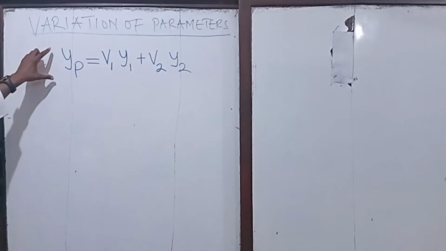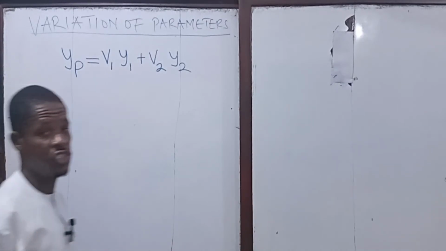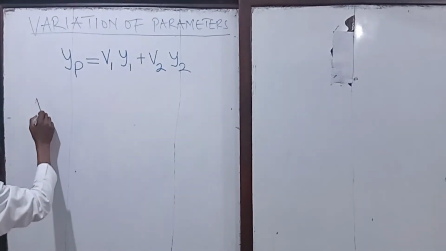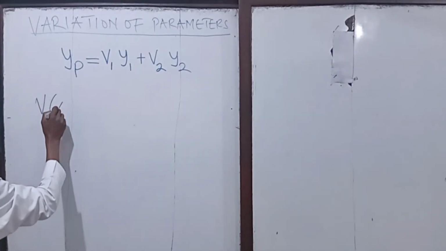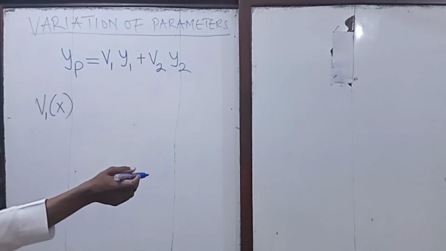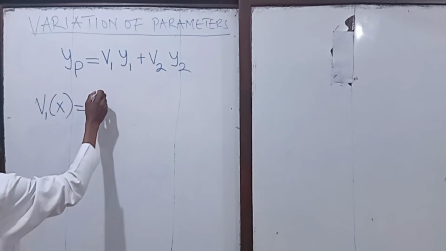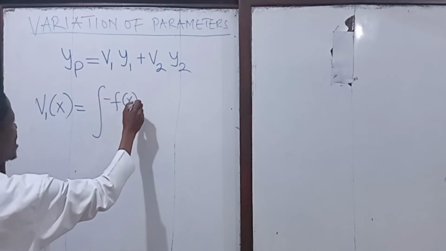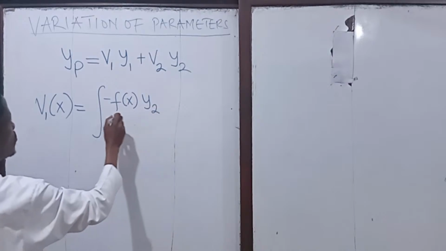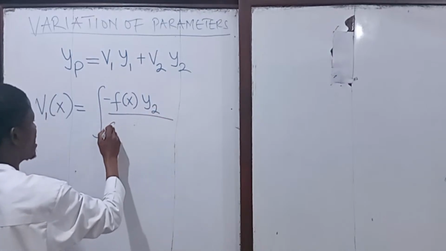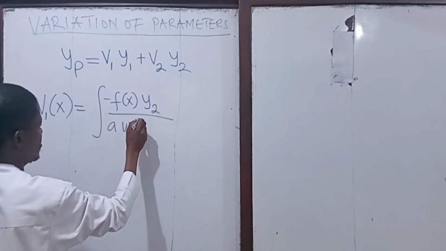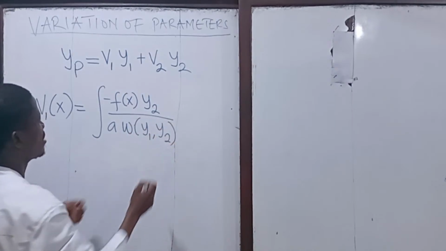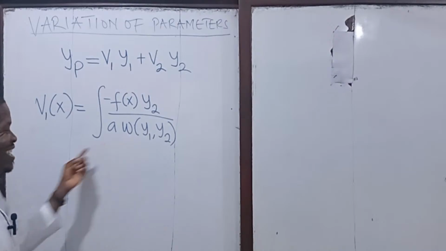This is a particular solution for the non-homogeneous differential equation, where your v1 as a function of x is equal to the integral of f of x times y2 over a times the Wronskian of the function.